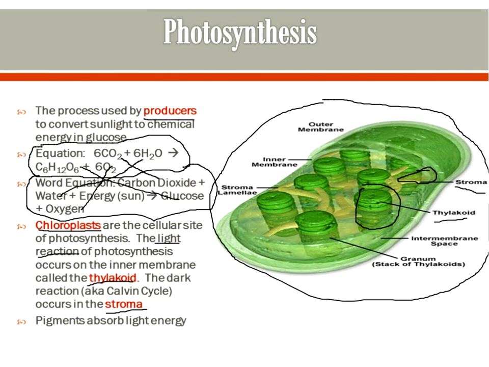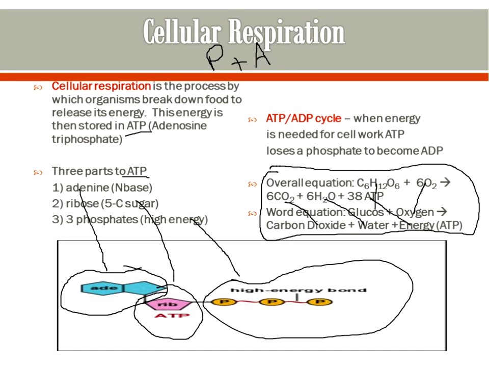Carbon dioxide, water, energy goes in to photosynthesis. Glucose and oxygen comes out. With cellular respiration, glucose and oxygen go in. Carbon dioxide, water, and energy are the 3 things that go out. So they are absolutely opposites to one another. And so if you can memorize one of the equations, you got both, because you just have to turn the other one backwards.